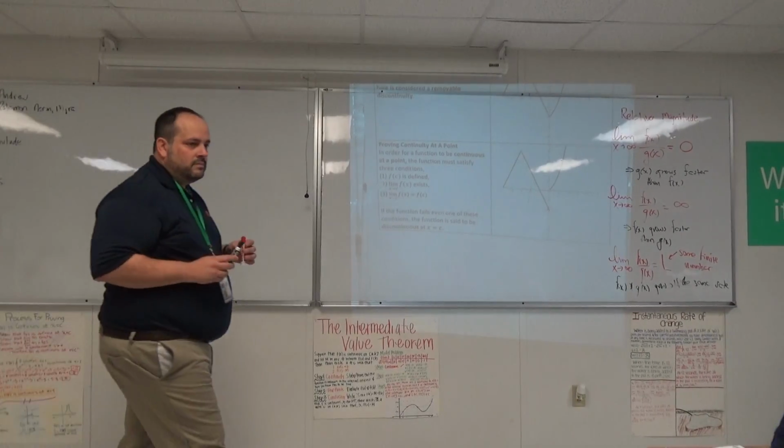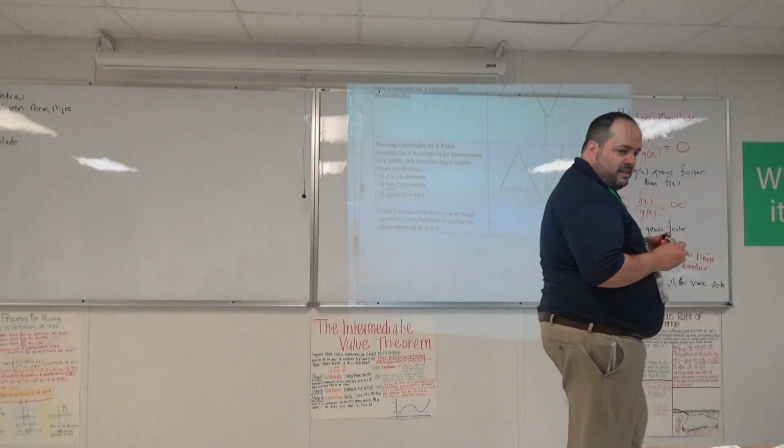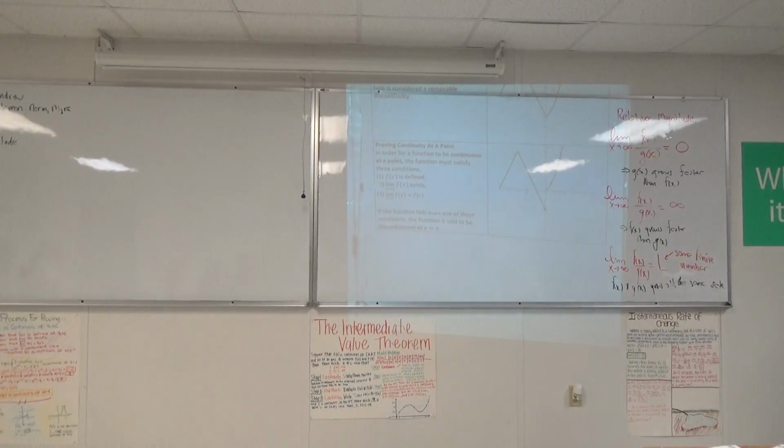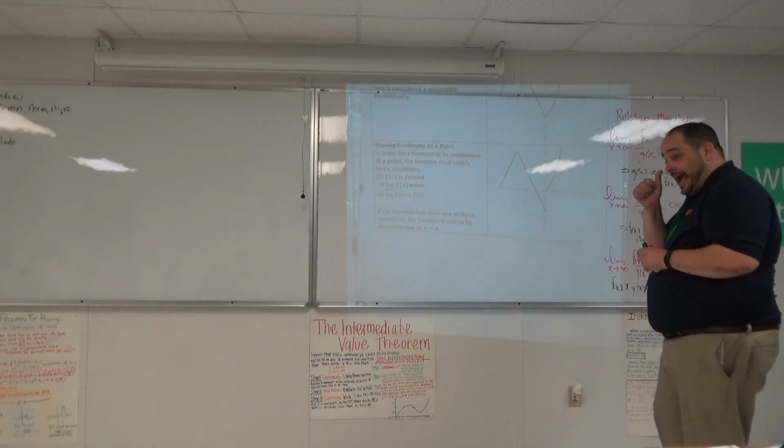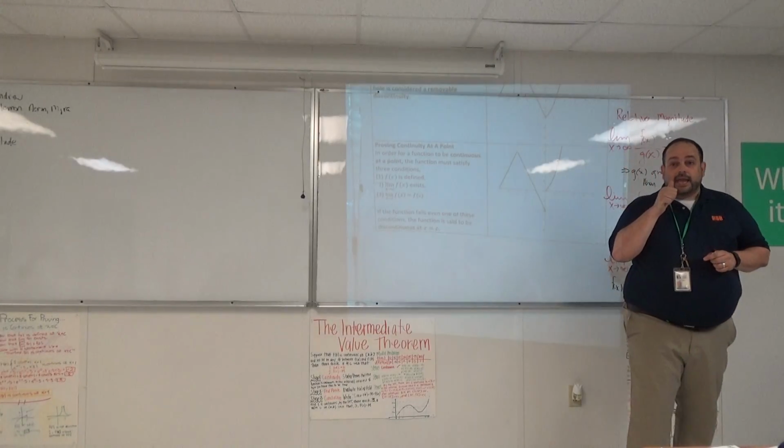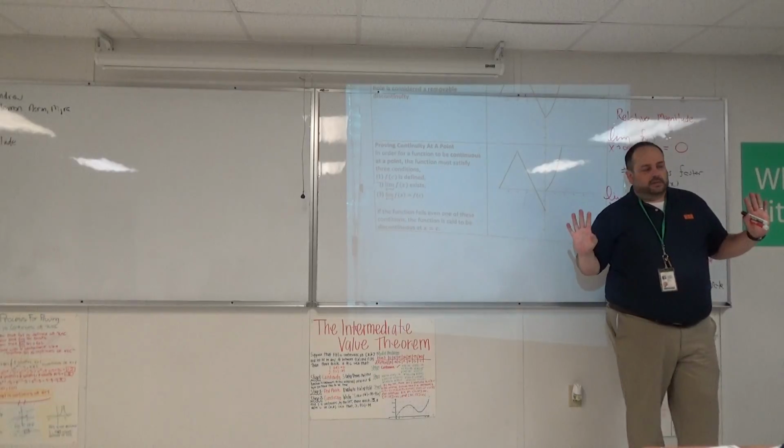First was in the box, said the third one, and I was like, thank you for holding me to a ridiculously high expectation. The first year I did this continuity at a point, I did it so fast, I jammed my thumb into my eye. I was going way fast.